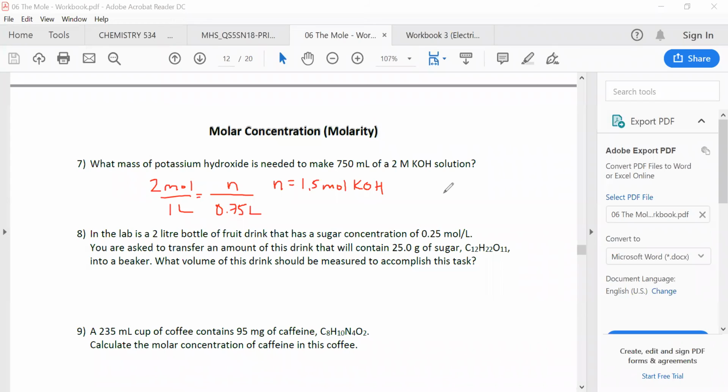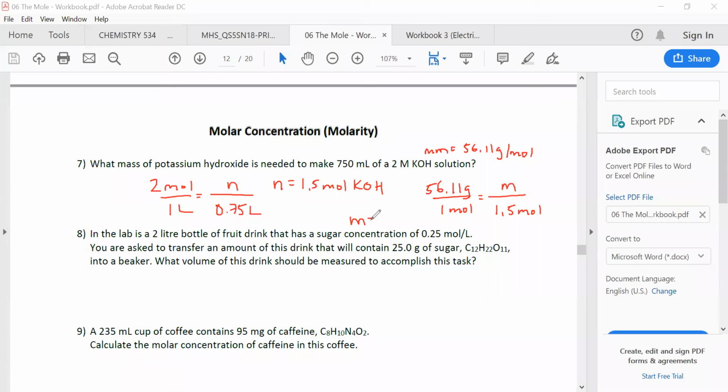Now, what is the molar mass of KOH? The molar mass of KOH is 56.11 grams per mole. So when I go to set this up, this becomes 56.11 grams over 1 mole. And of course, because you have 1.5 moles, you just essentially multiply the number of grams by 1.5.